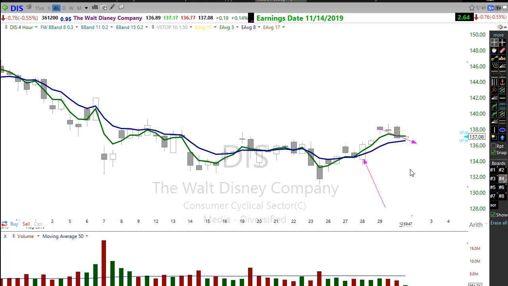How cool is that? And how much power do you feel when you can begin to see those patterns, understand that setup, and then you just repeat it over and over and over? Same set of rules. So for me on something like this, maybe if you like that 4-hour, right now is when I would look maybe right through here and say, break above there, I want to know.